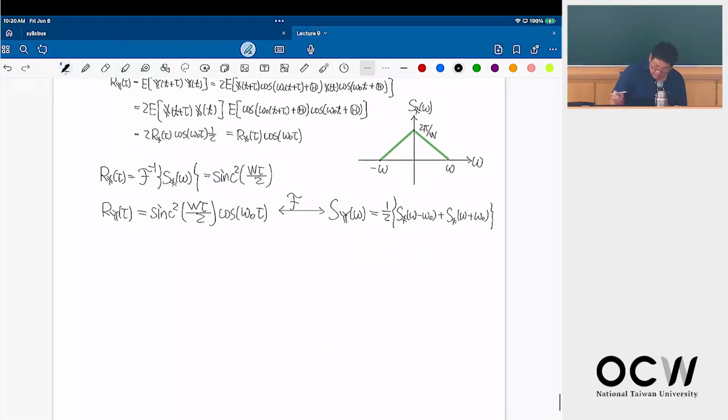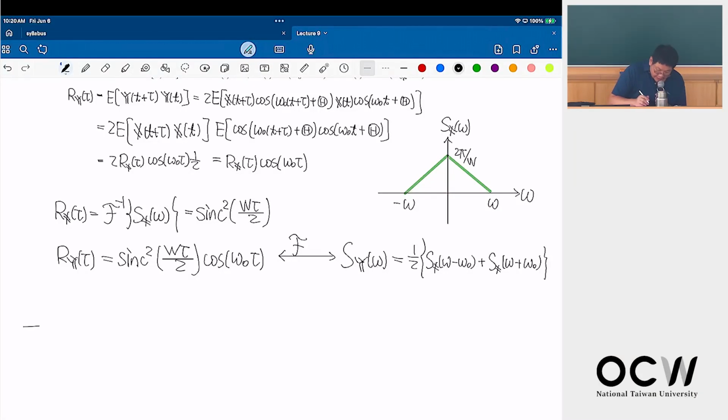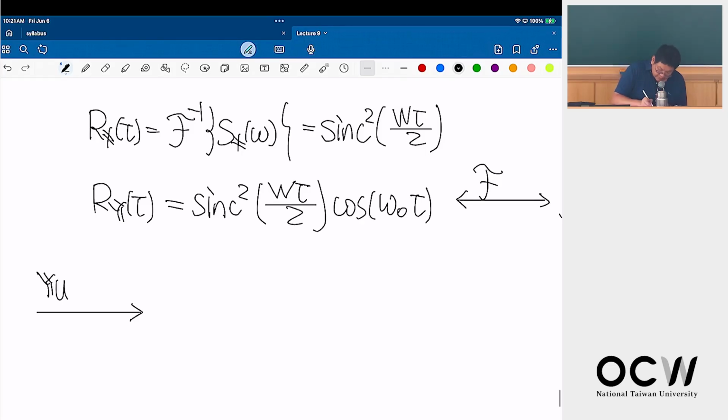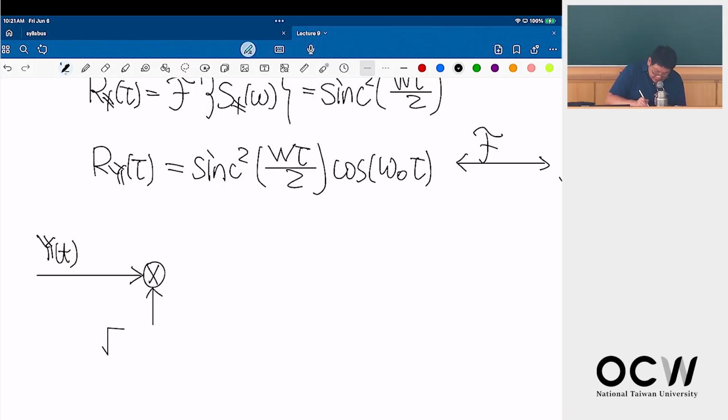And now if I send this y to a system, an LTI system, but we multiply by a cosine function, kind of like doing the modulation. Let's see if I do the modulation: square root of 2 cosine omega naught t plus theta. I get u.